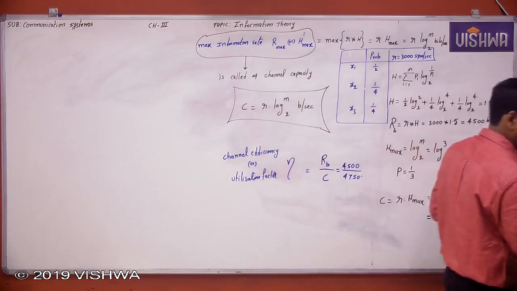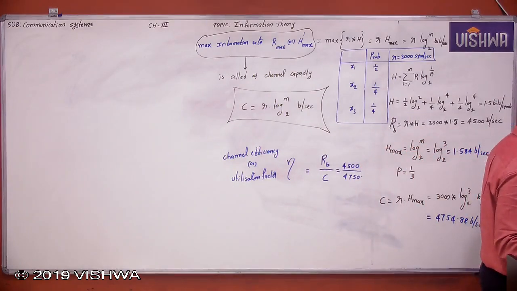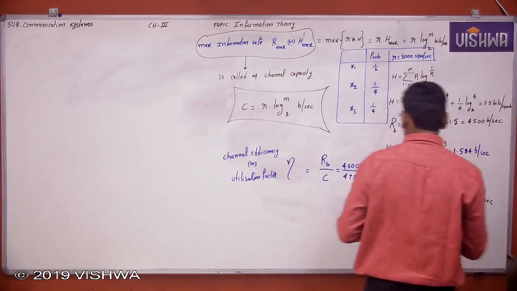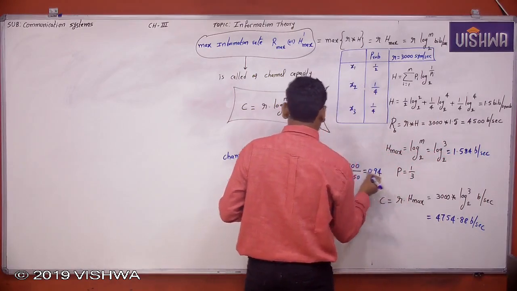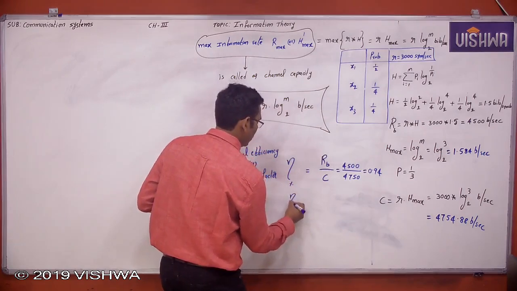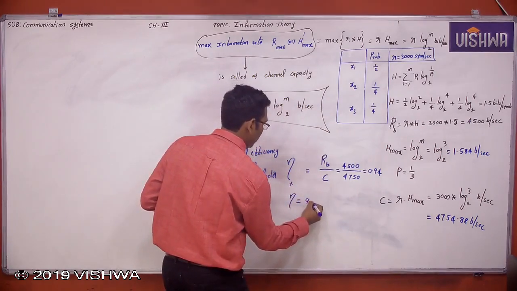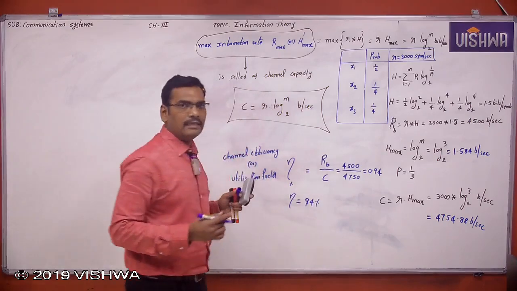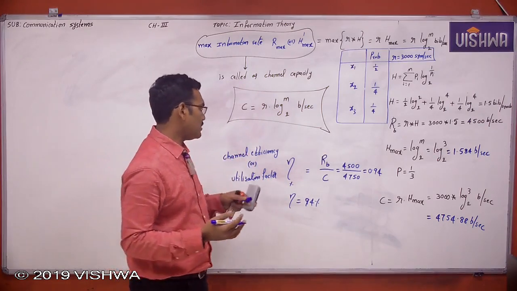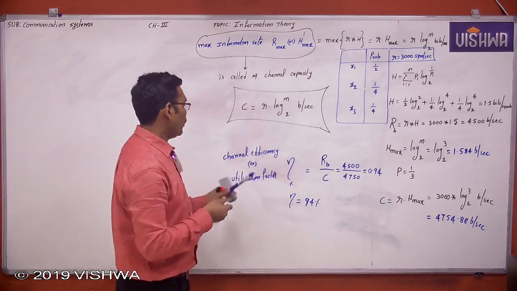It is 0.94. Therefore the channel efficiency or utilization factor is 94%. This means we are utilizing 94% of the channel capacity.